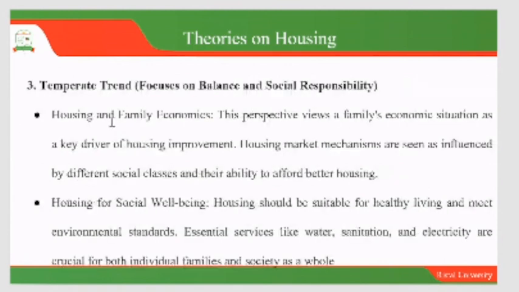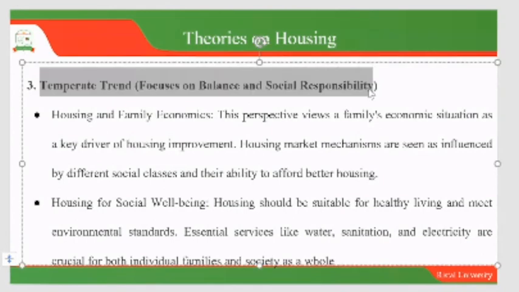Then we have what we call the temperate trend, one that focuses on balance and social responsibilities, and it looks at housing and family economics. This perspective views a family's economic situation as a key driver of housing improvement.